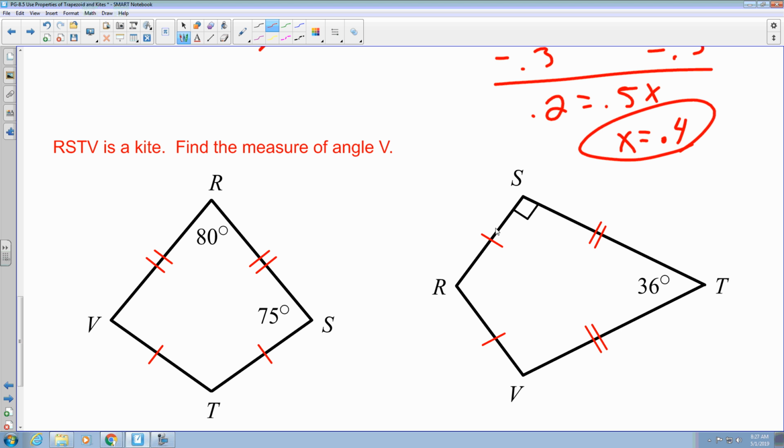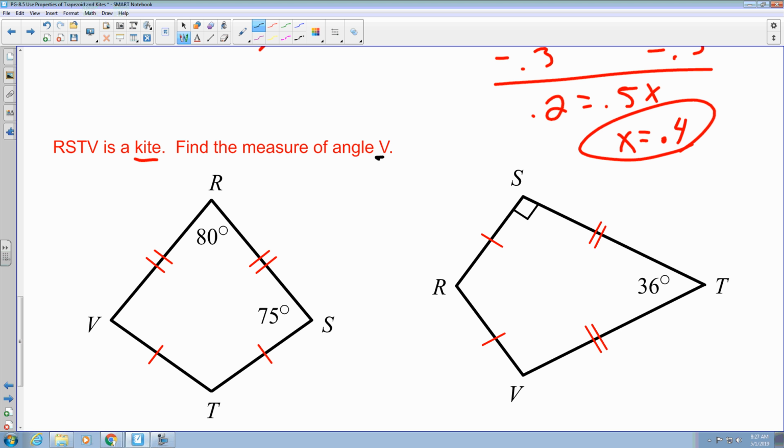All right, they're telling you here that STV is a kite. So it has all the characteristics that a kite has. Like here, it has consecutive congruent sides, and it also has some angle measurements.